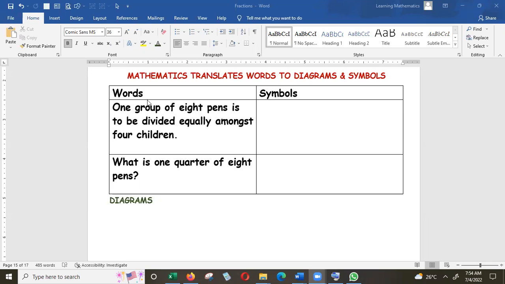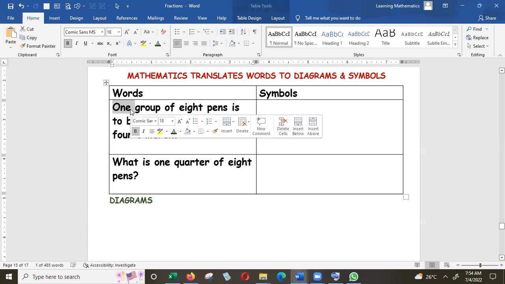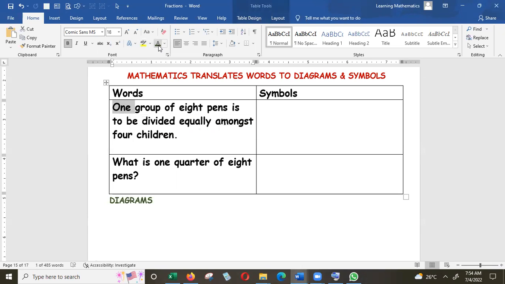So that is words alone, okay? Now, once you are into quantification, then you automatically will end up in mathematics, and you have to do some translation of words to symbols to enhance written communication. So one is an important word in mathematics.